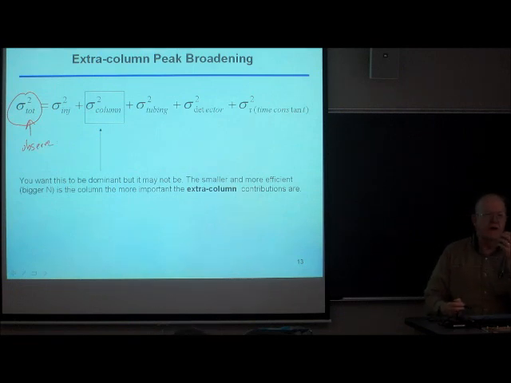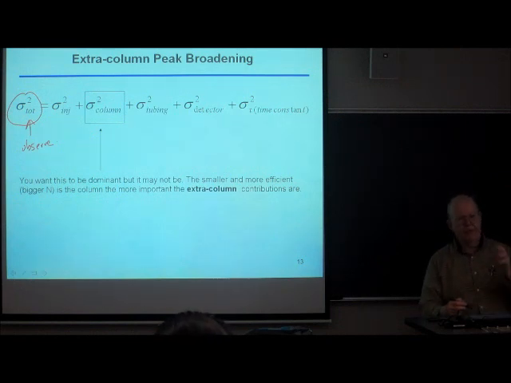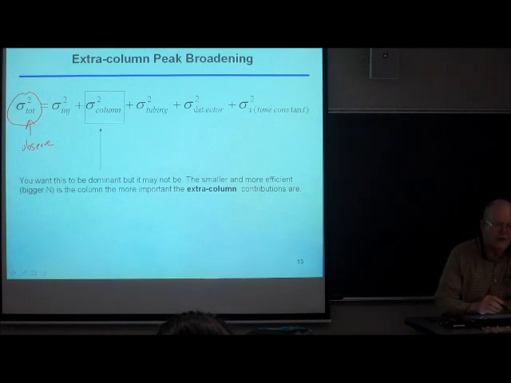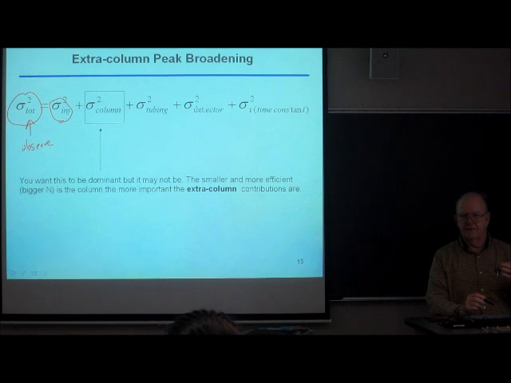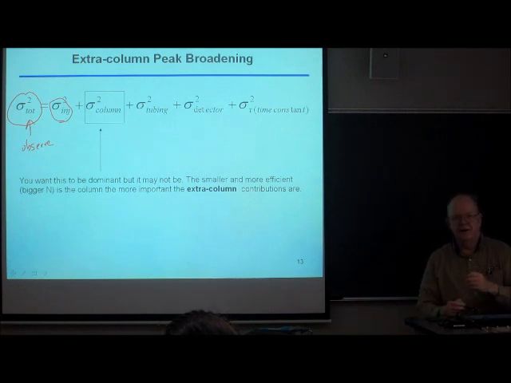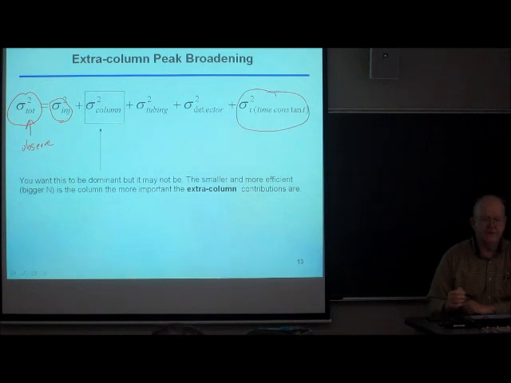Sigma squared total is the total variance that's plotted out by your data system. That is equal to the sum of the square of the contribution of the injector to the variance, the column, the tubings, the detector volume, the detector time constant, and the data system time constant, which I'll lump in with the detector time constant, and I'll just call it time constant.